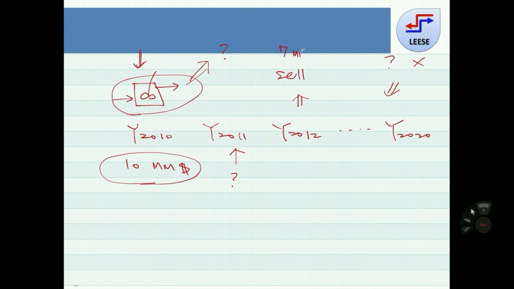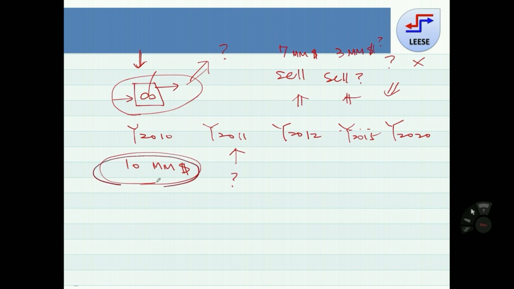If I want to sell in 2012, how much can I sell it for? Maybe 7 million. If I sell in 2015, at what price? Maybe 3 million.